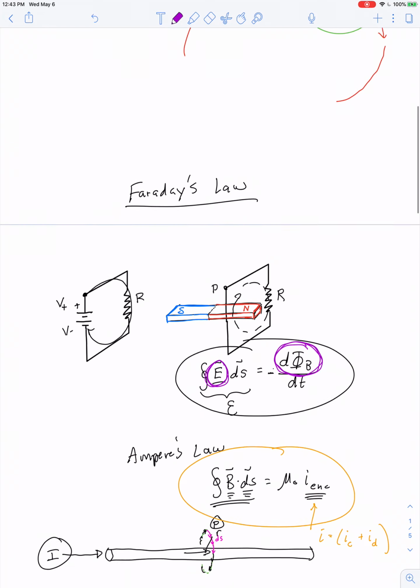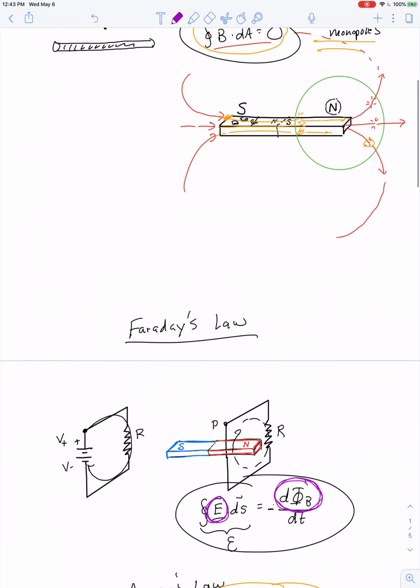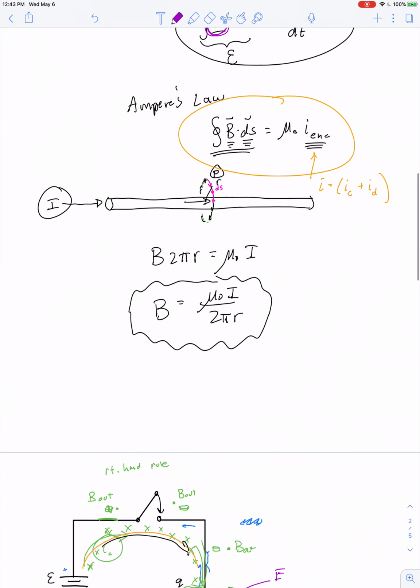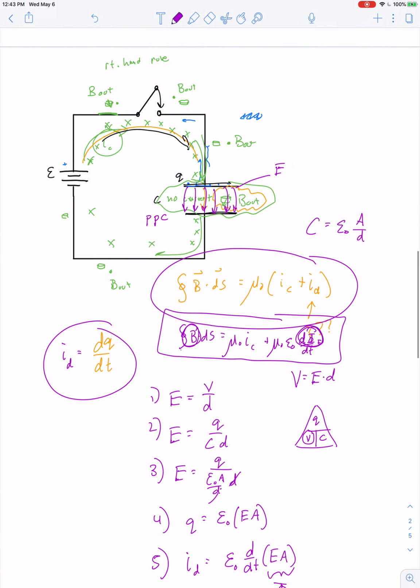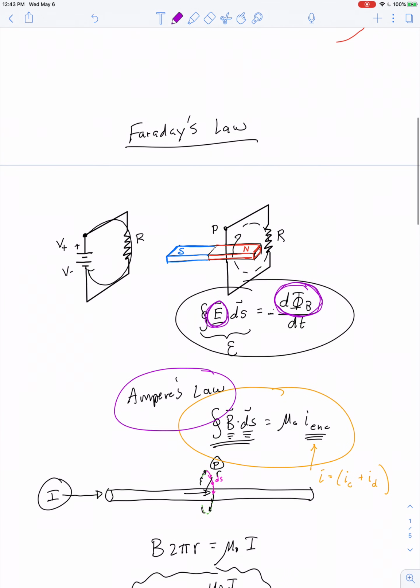So this gets back to the very nature of electromagnetic waves. A radio wave, a microwave, X-rays, gamma rays, visible light, you name it, they all have at their heart oscillating electric and magnetic fields that reinforce each other in perfect accordance with the full version of Ampere's law and Faraday's law.